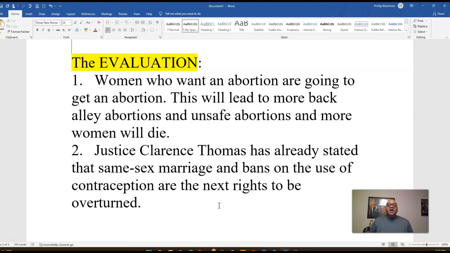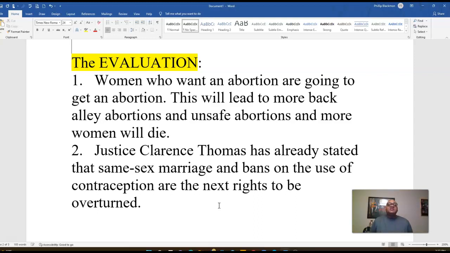We know already that women who want an abortion are going to get an abortion. However, with the closing of abortion clinics around the country, this is going to lead to more women getting back alley and unsafe abortions, and it's going to result in the loss of life of women who are going to die as a result of having an unsafe abortion.